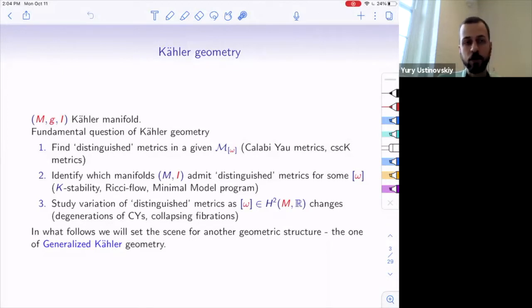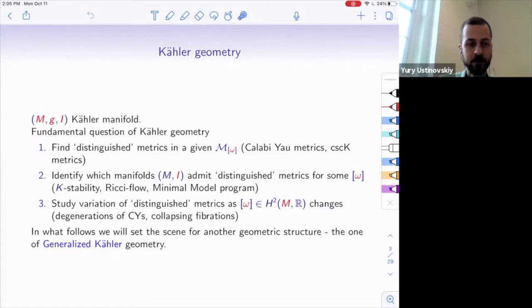And furthermore, there is a next level of looking at it, maybe moduli questions. You ask yourself how your distinguished metric changes if you change your Kähler class. This leads to the question of degeneration of Calabi-Yau manifolds, collapsing fibrations, and many other exciting questions in this topic.